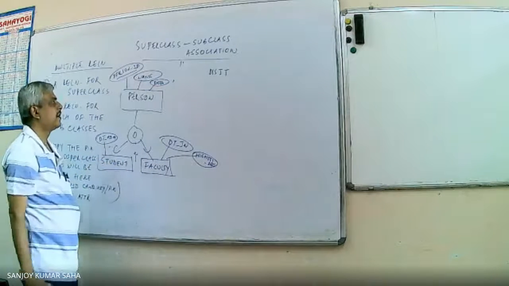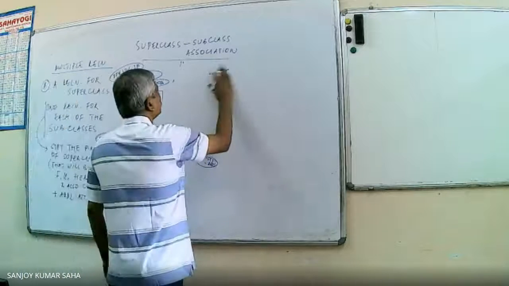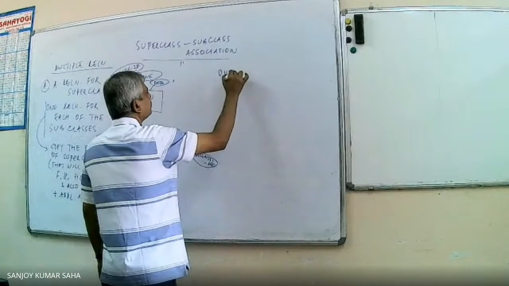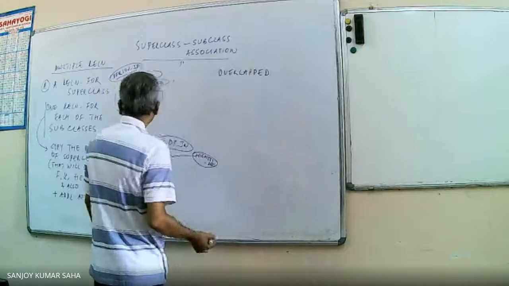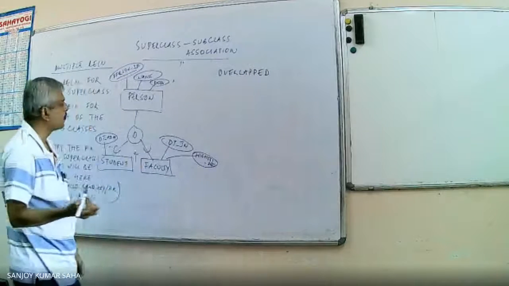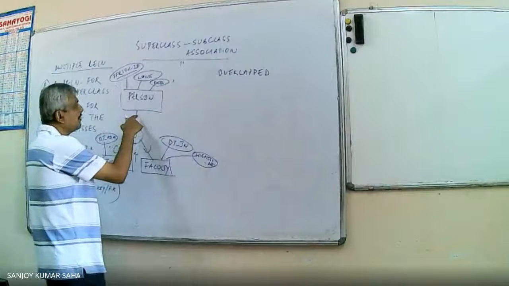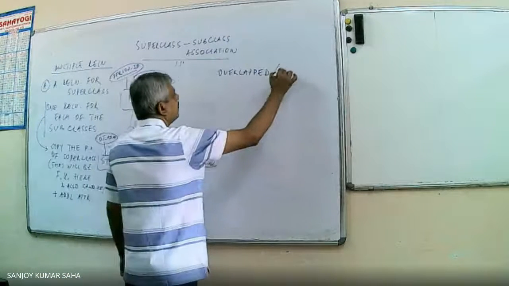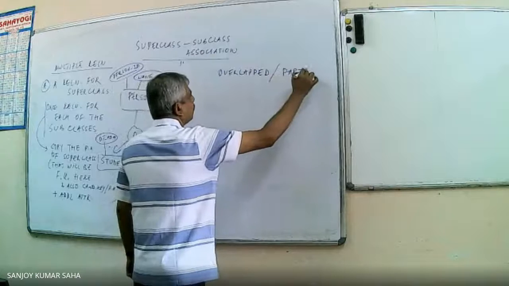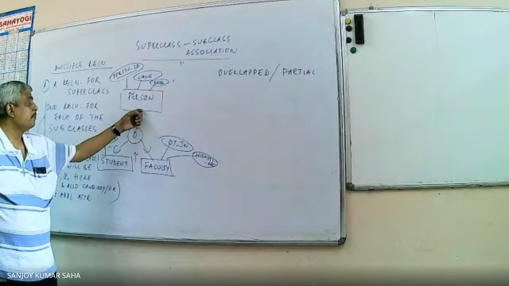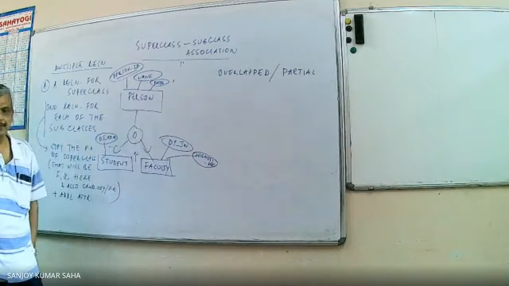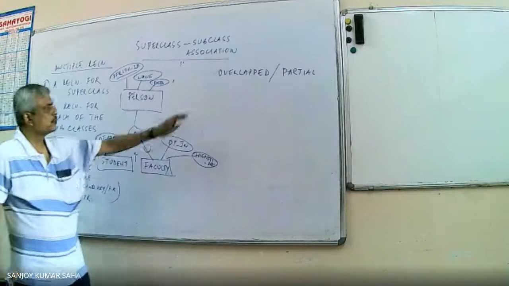If it is overlap, and another may be the completeness constraint. Say if it is partial, superclass is taking part in the association partially. Say no issue.